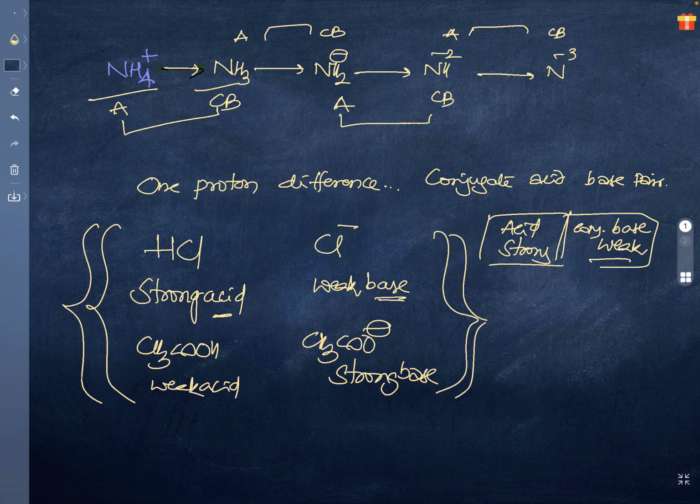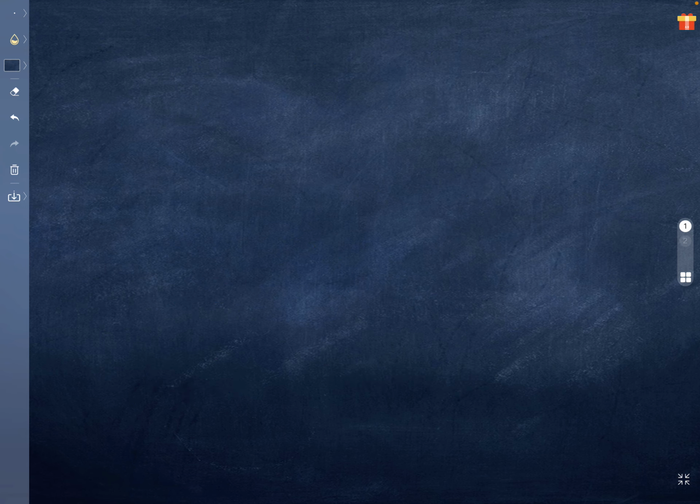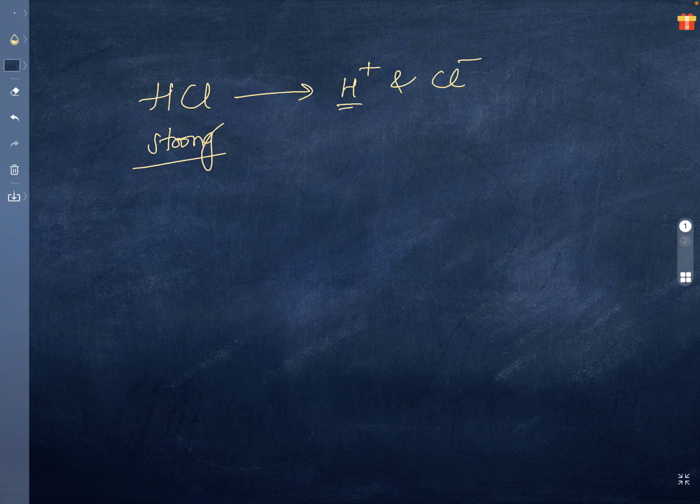Why like that? That is the point. These kinds of questions you should ask. HCl readily releases H plus and Cl minus. We are saying this is a strong acid, meaning it is easily providing protons.